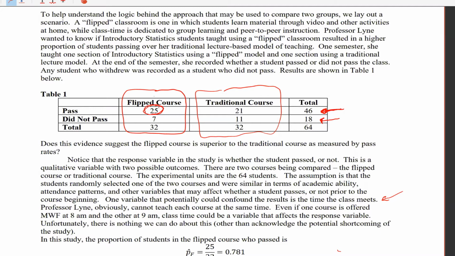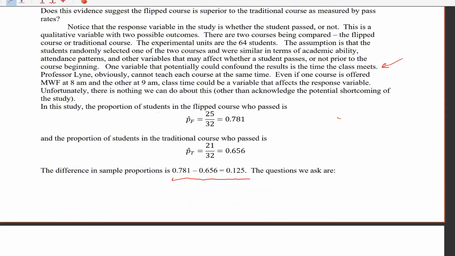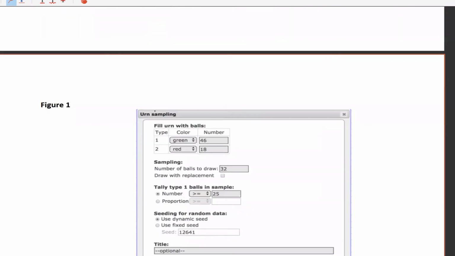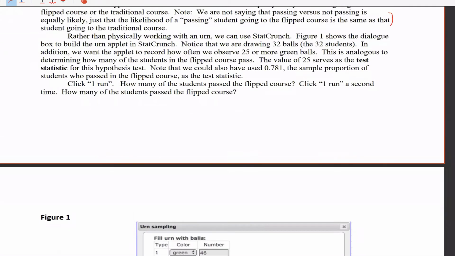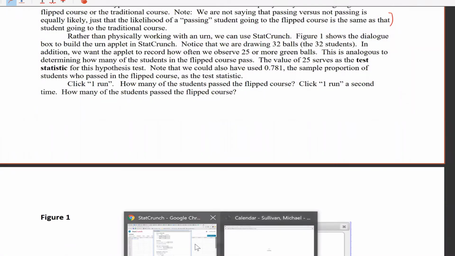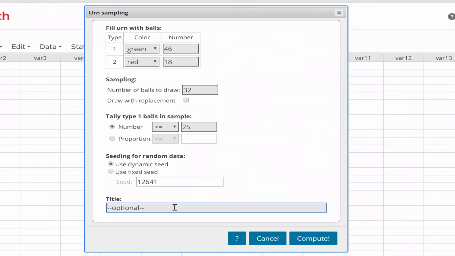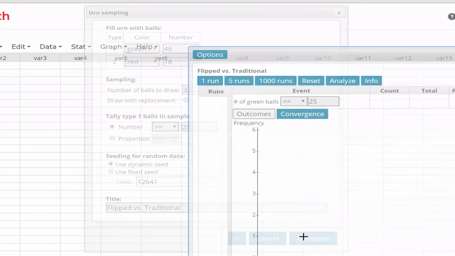How often do I see 24, 25 or more passing in the flipped course? So we'll just title this flipped versus traditional, and we click compute.